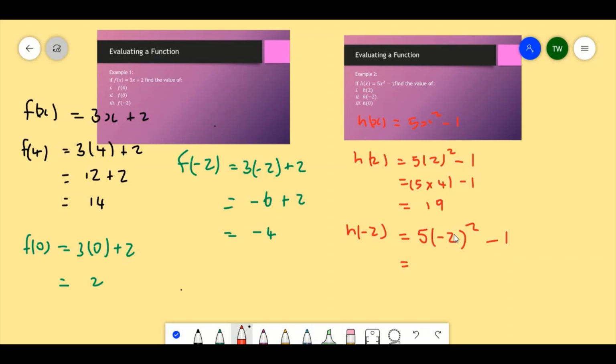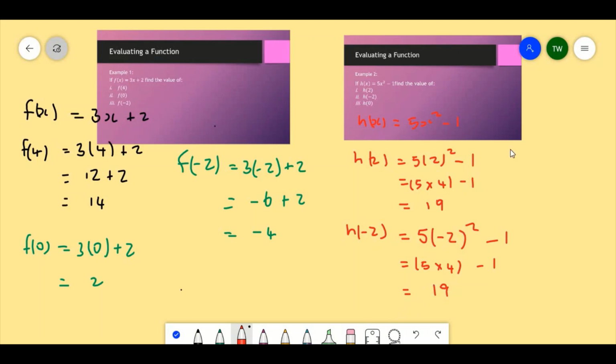So negative 2 all squared is going to give us 4, so it's going to be 5 times 4. 5 fours is 20, minus 1 is just 19. So therefore, h of negative 2 is also equal to 19.